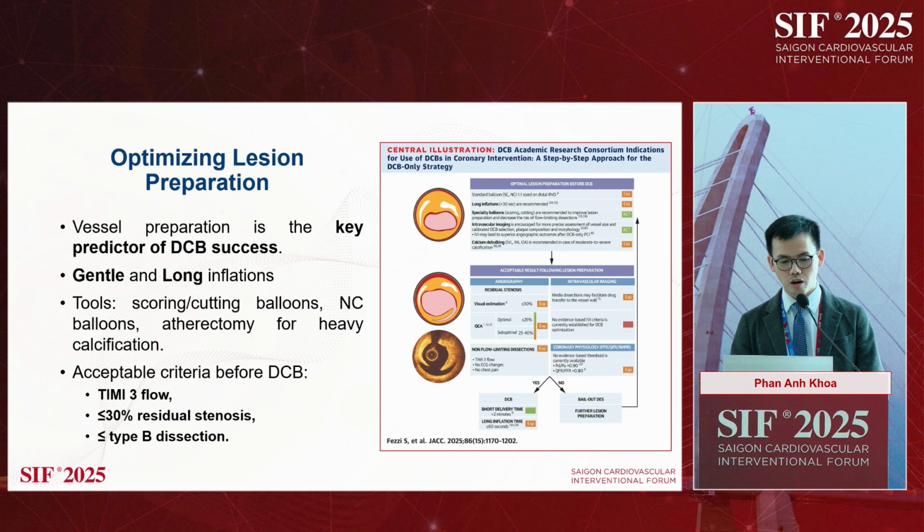The value of IVUS or OCT here is very good, because vessel preparation is the key predictor for DCB success. I think gentle and long inflation, and the use of scoring or cutting balloon, NC balloon, or atherectomy is very important.